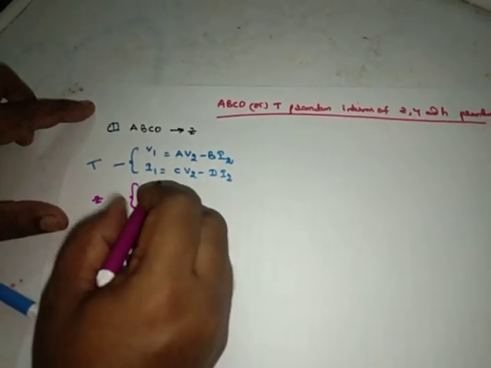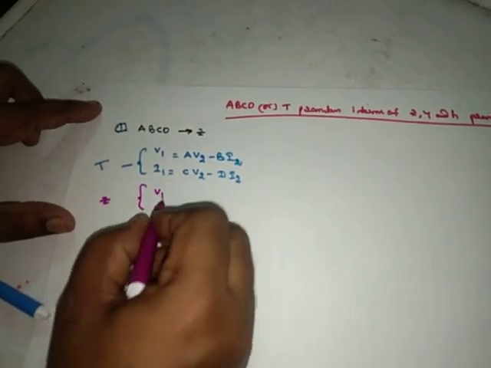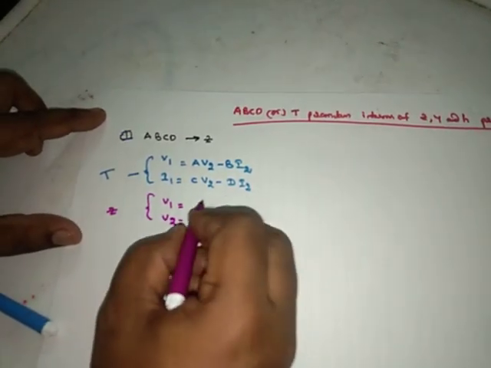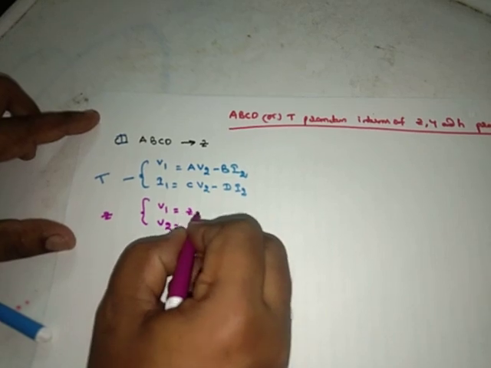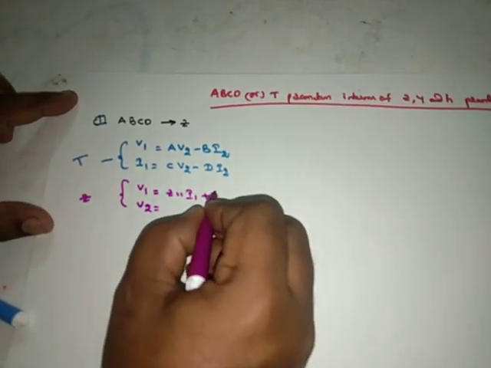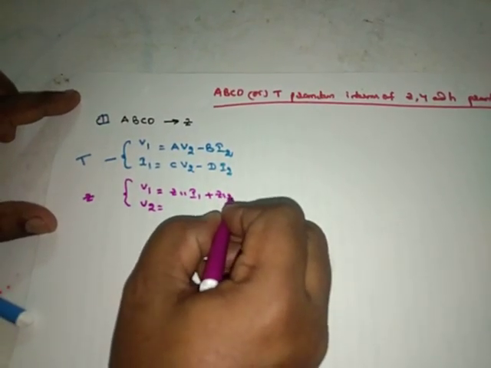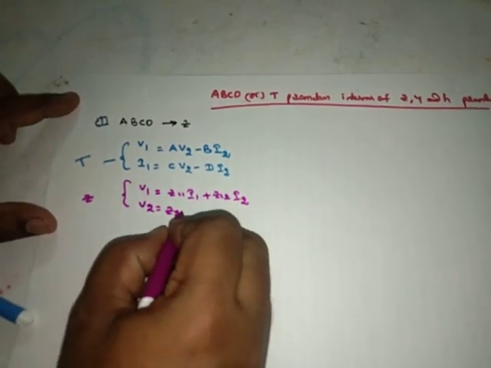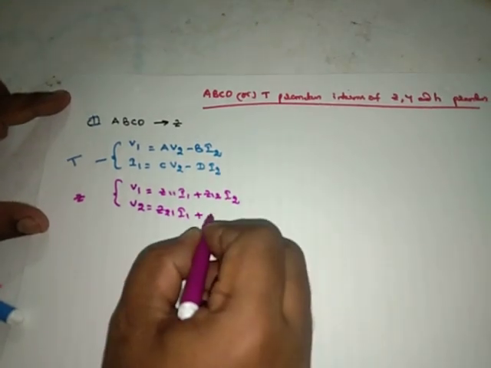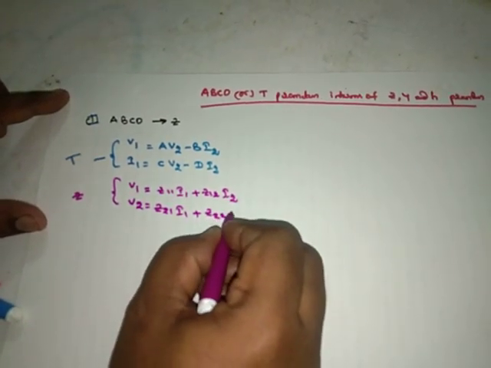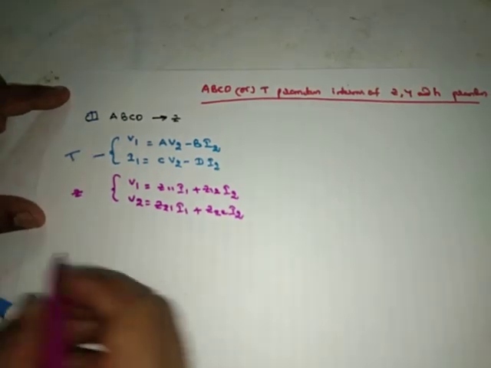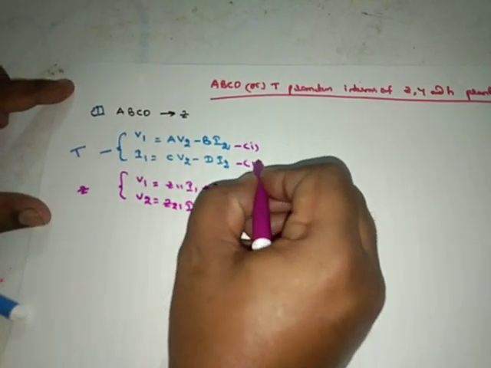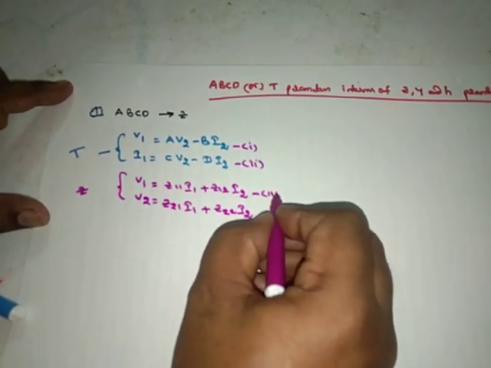Here in Z parameters, V1 is equal to Z11 I1 plus Z12 I2, and similarly V2 is equal to Z21 I1 plus Z22 I2. So total 4 basic equations.